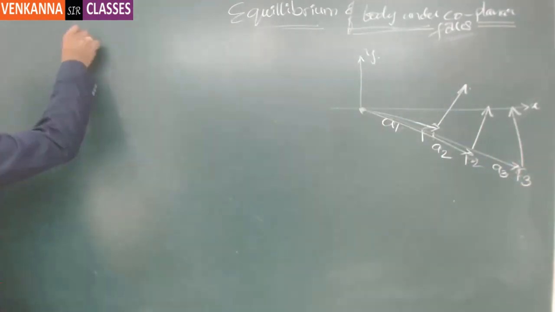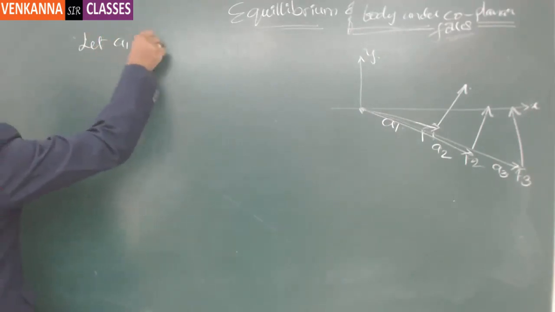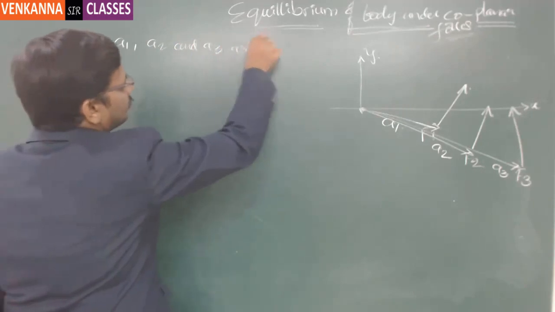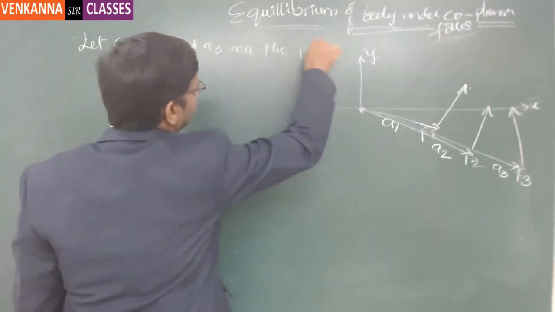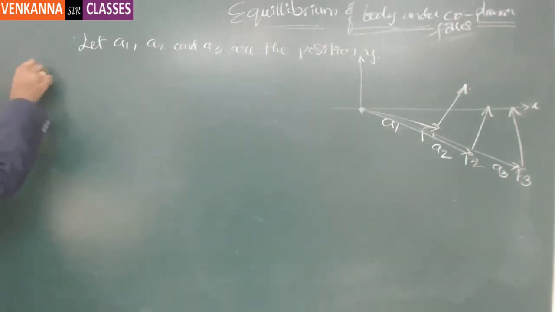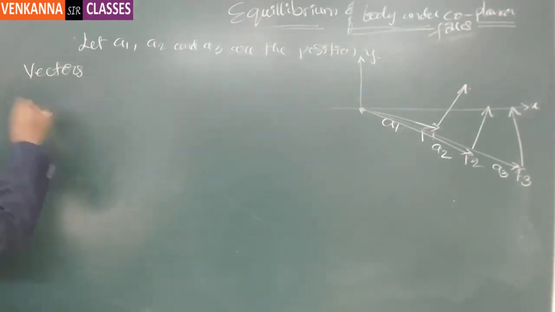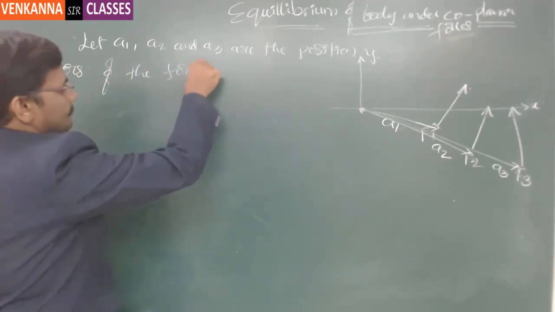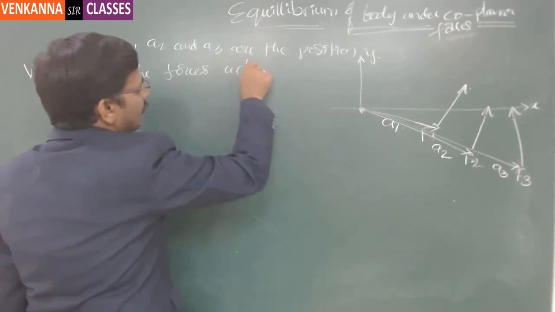So A1, A2, A3 are the position vectors. Let A1, A2 and A3 be the position vectors of the forces acting on the body.